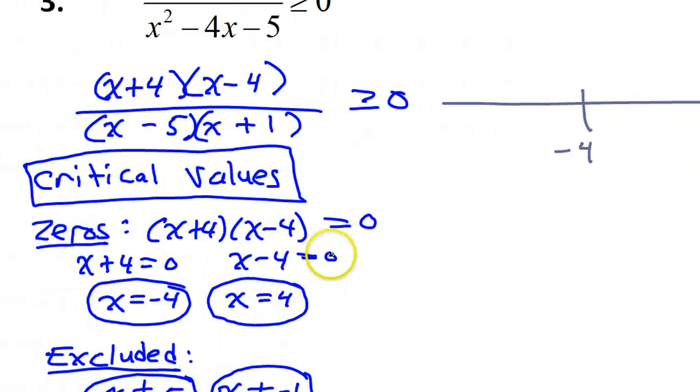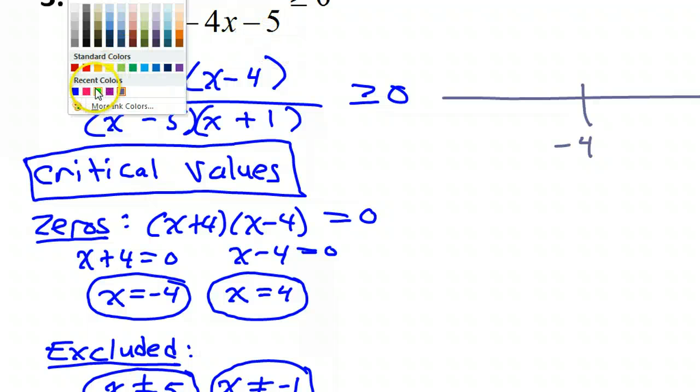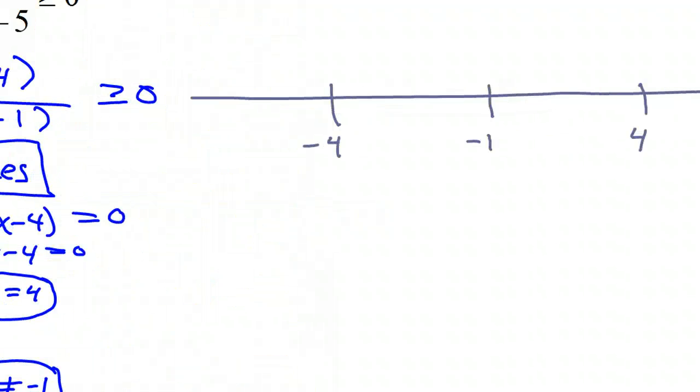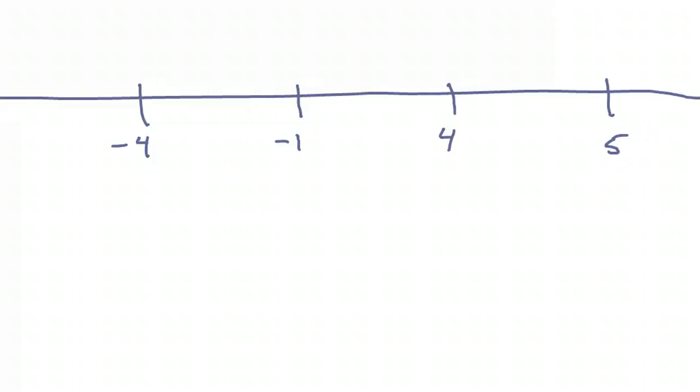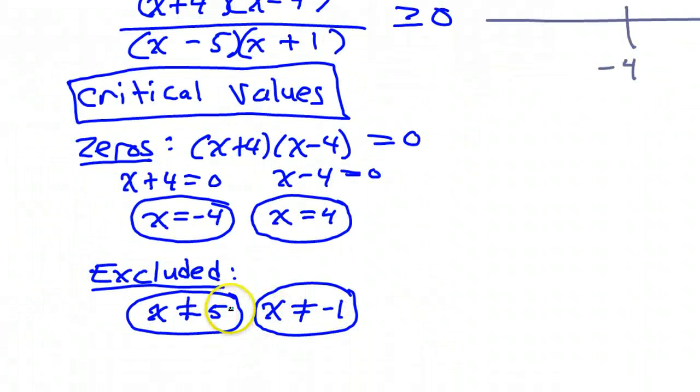Now let's start with the zeros. See, what I'm asking myself now is, will these be open circles or closed circles in my number line graph? And actually, let's start with the excluded values, because the excluded values are always open circles.